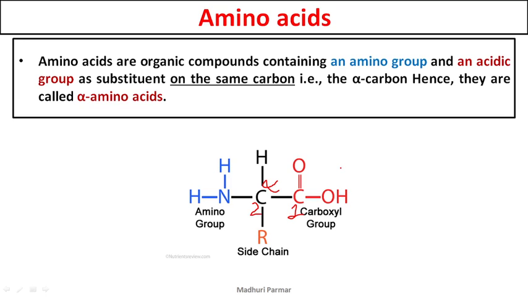Carboxylic acid carbon will always be given number 1. I think this much you must have studied in chemistry, right? So whatever amino acids are found in proteins, they are all alpha amino type amino acids. Clear?